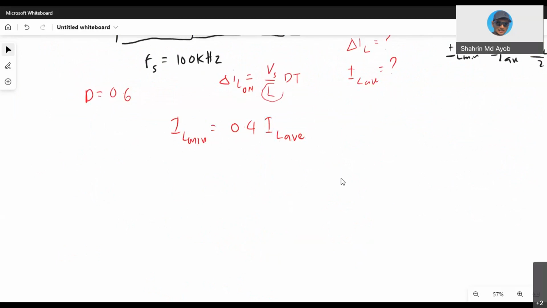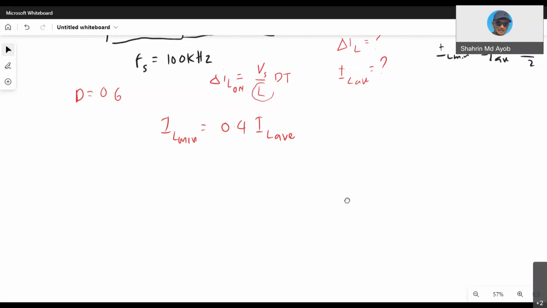So what is your IL average? From P in equals P out.